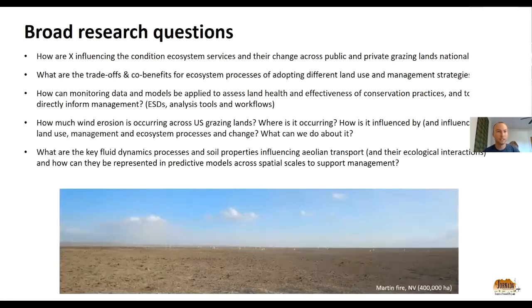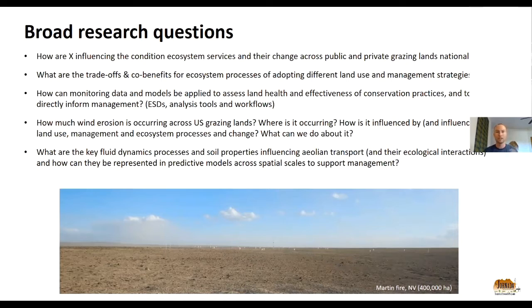So to address these objectives, we also have a pretty broad range of questions. And I've just put up some examples here that go from the national scale at the top down to more of the fine process scale things we're doing on wind erosion at the bottom.